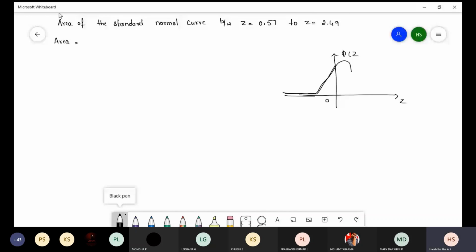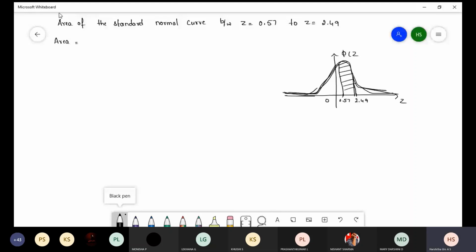Here first one they asked 0.57, I will mark here 0.57. Next one 2.49, somewhere I will mark here. So the area we have to find between 0.57 to 2.49.